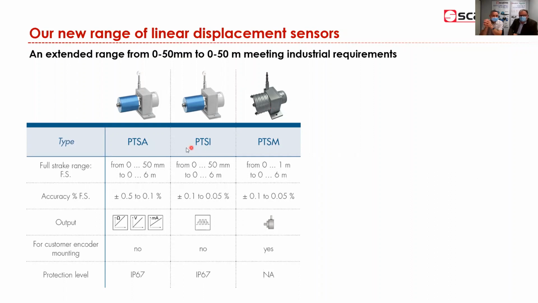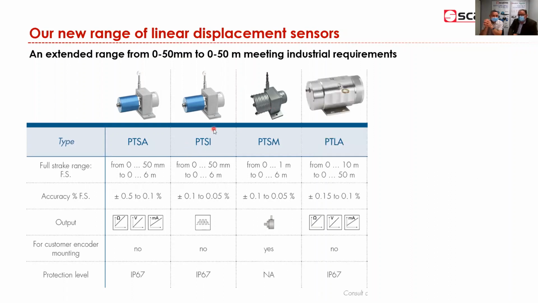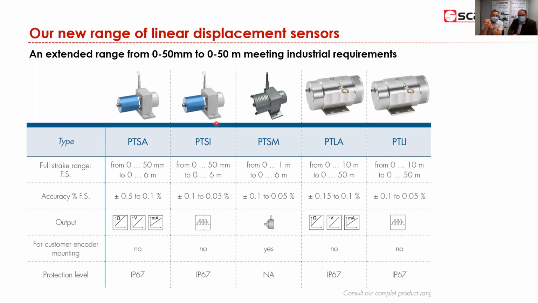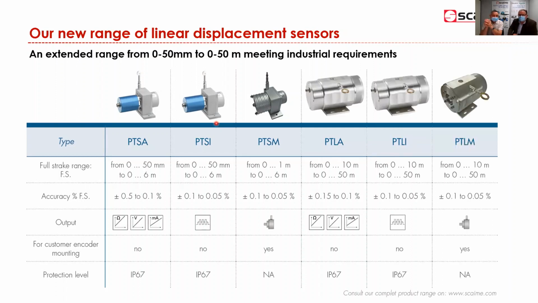Okay, so this is for the PTS line, and then we have the PTL, like long range. Exactly. PTL-A, PTL-I, and PTL-M, just like we have the PTS-A, PTS-I, and PTS-M. Exactly. We have the same logic, with A for analog output, I for pulses output, incremental, yes, M for mechanical, and we can connect the customer encoder directly on the unit.